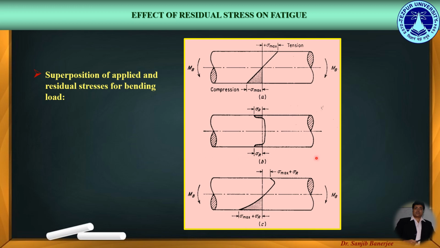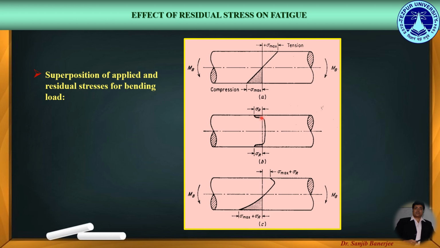The second figure shows a typical residual stress distribution such as would be produced by shot peening. We can see in this figure that the entire surface of the beam is having a residual stress of sigma r, which is compressive or negative in nature.